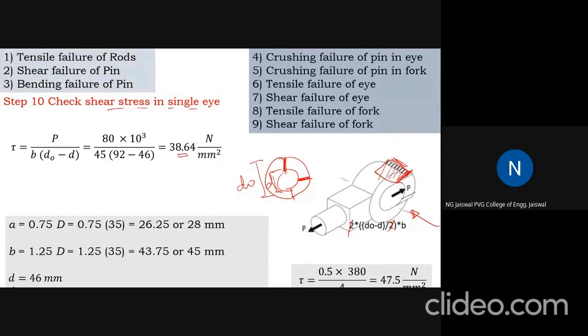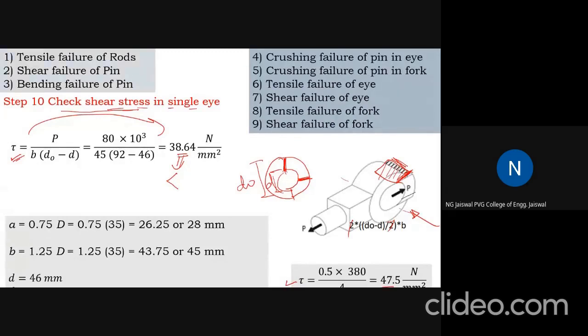What should be the next step? Since you are checking the shear stress and you got the induced shear stress now, this should be compared and this should be less than permissible. Permissible shear stress, which is given by this, was 47.5.